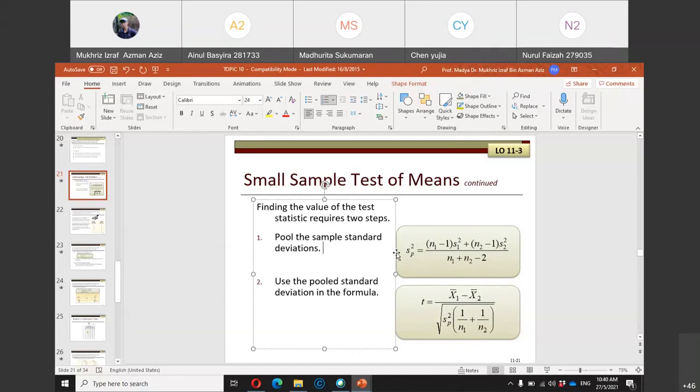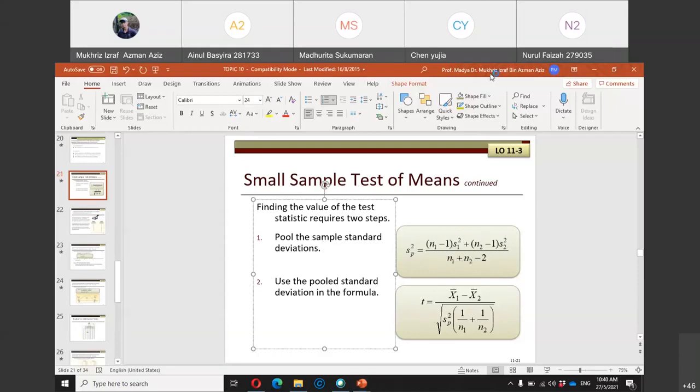Once you have calculated the S squared pooled, plug it into the denominator: S squared P multiplied by the sum of 1 over N1 plus 1 over N2, and then you need to take the square root of that. Now look at this part here, N1 plus N2 minus 2.